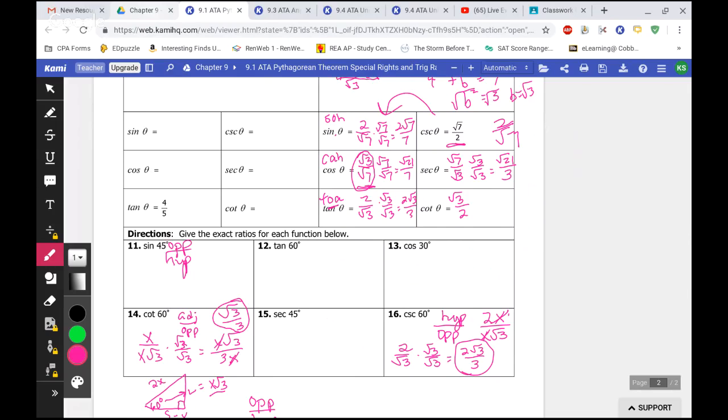You would want to use your unit circle. Sure, you could plug it into your calculator, but you're not going to give me the answer I'm looking for, because I'm looking for ratios from the unit circle. Okay.